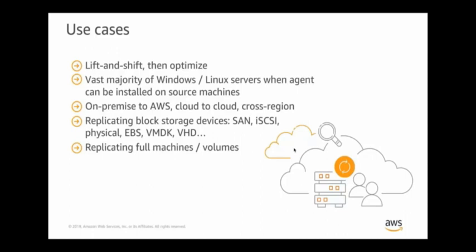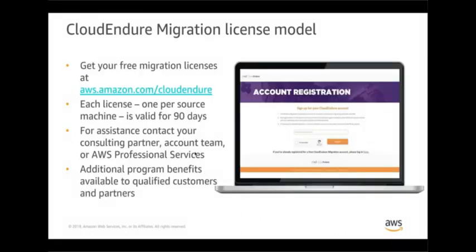Lastly, but a really important topic is licensing and procurement. Thanks, Rashi. CloudEndure migration is licensed per source machine. All customers and partners can obtain licenses at no cost by going to aws.amazon.com/cloudendure and following the link to get started with their CloudEndure migration account registration.